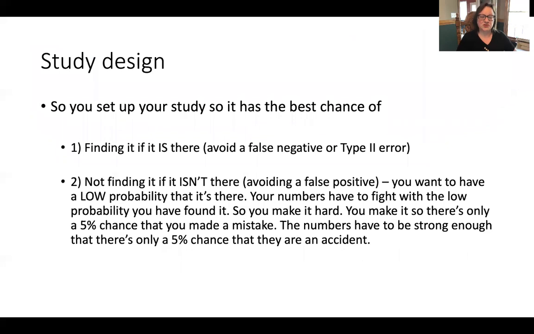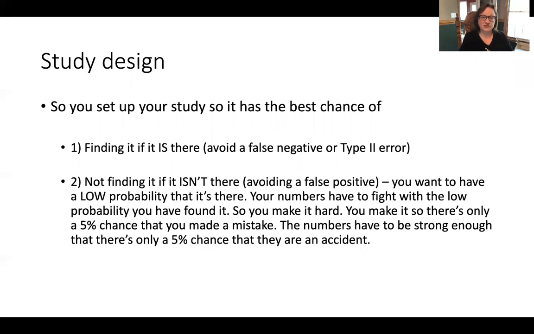Hope that helps. So what you want to do when you're setting up a study, when you're designing and doing research design, you want to set your study up so that it has the best chance of finding the effect if it is there. You want to avoid a false negative. You want to avoid a false positive. Make sense?